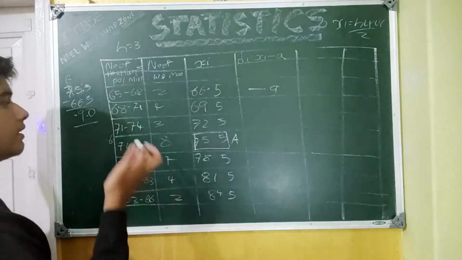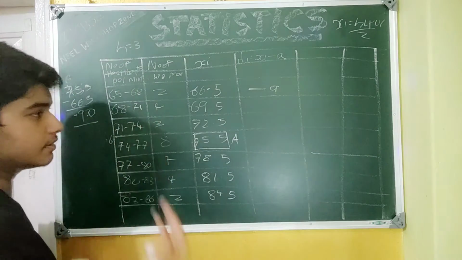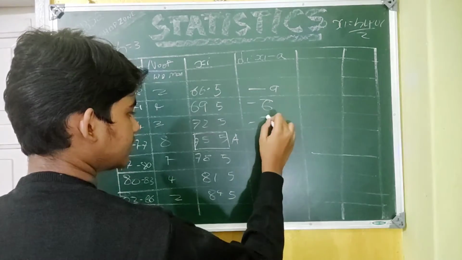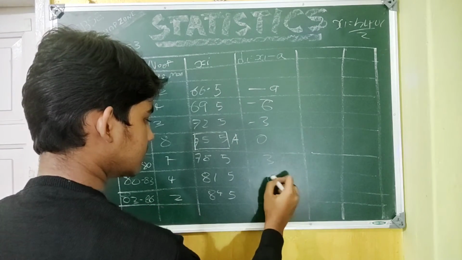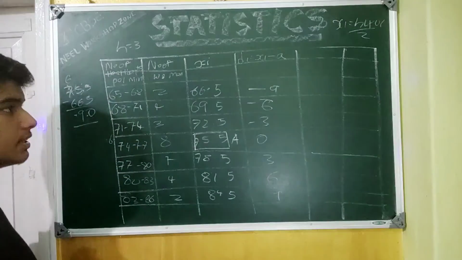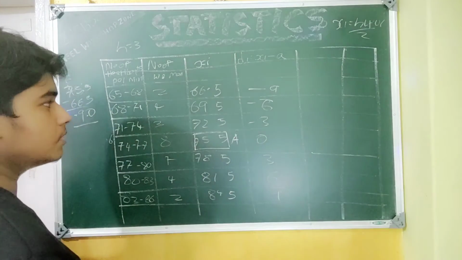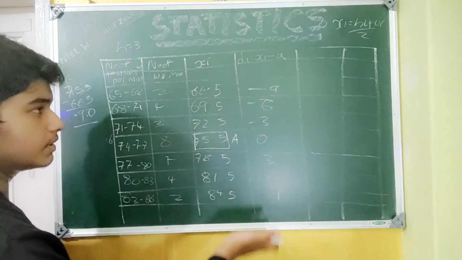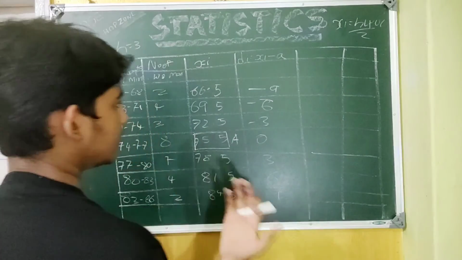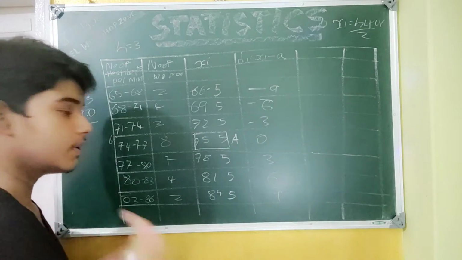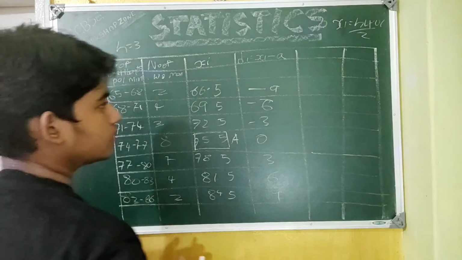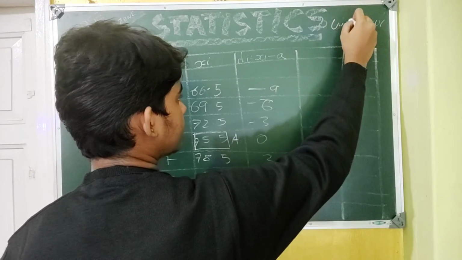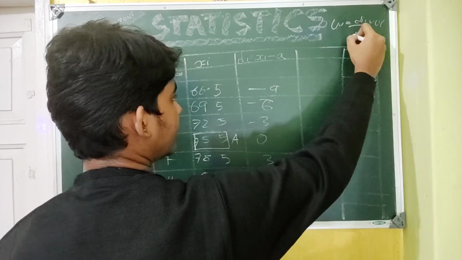And like I said, the height is 3. So we go minus 9, minus 6, minus 3, 0, 3, 6, 9. So this is the di value. Even if you did the entire table like this, the answers would be the same. Now after finding di, let's find the next value, which is ui is equal to di by h.